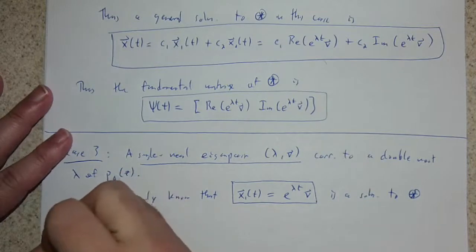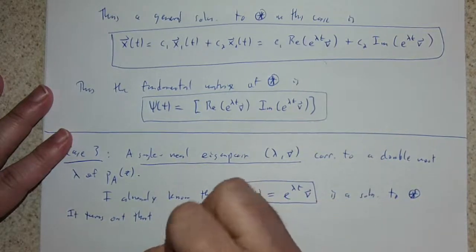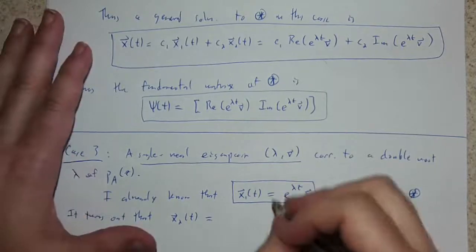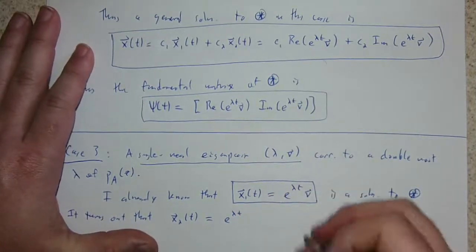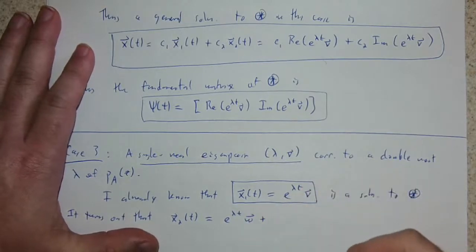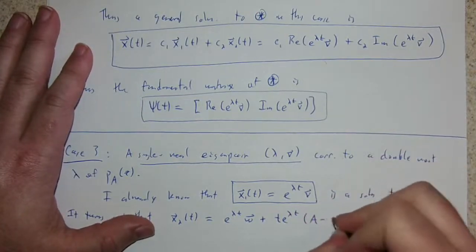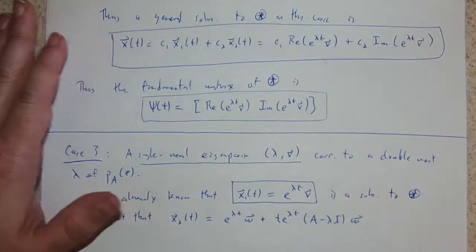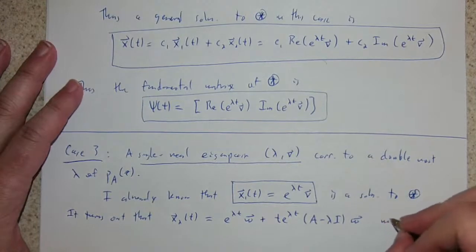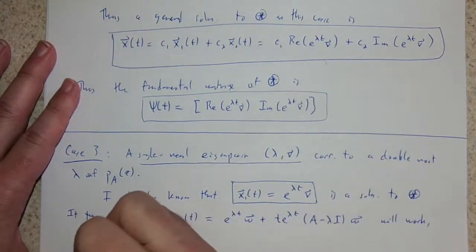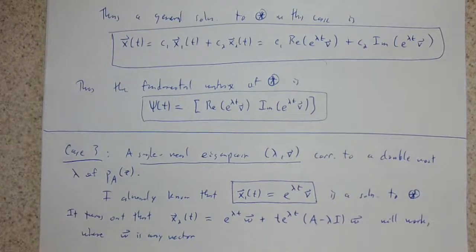So it turns out that x sub 2 of t, defined to be e to the lambda t times w plus t e to the lambda t times (A minus lambda I) times w, is going to work, where w is any vector in R2 that is not proportional to the eigenvector.